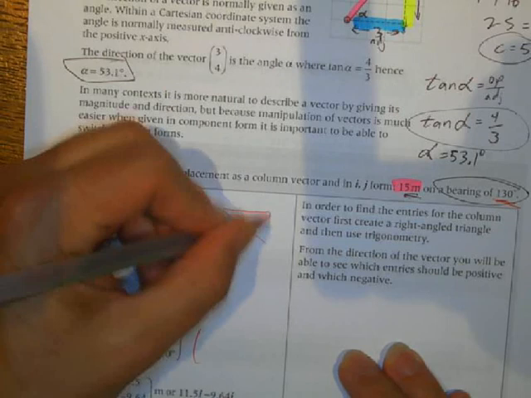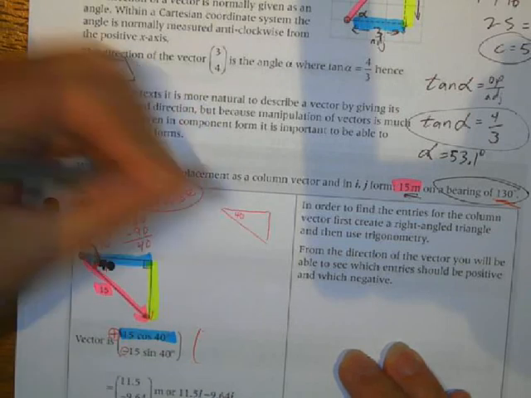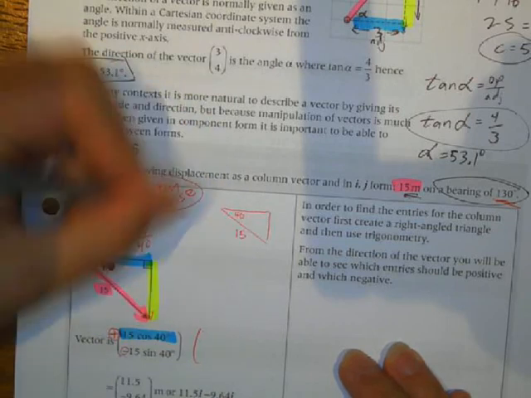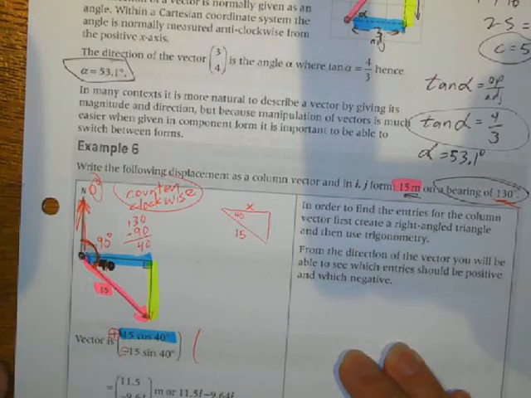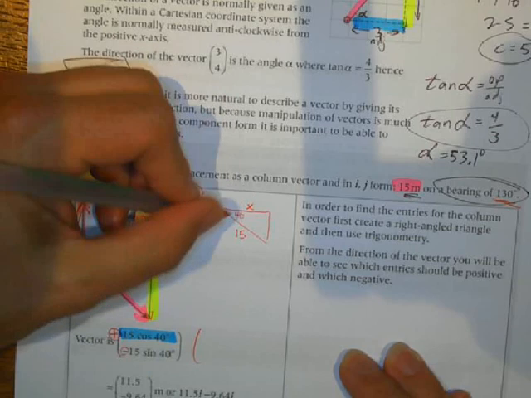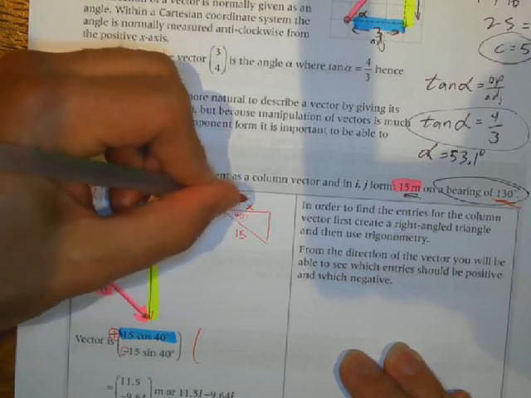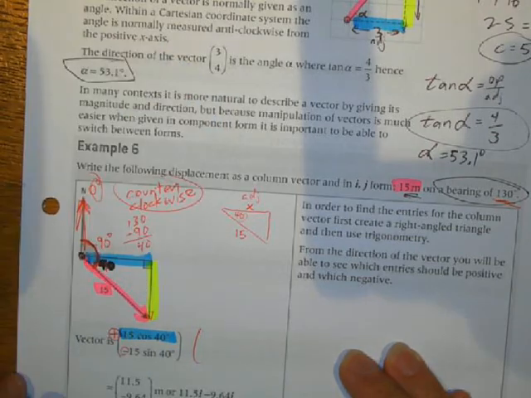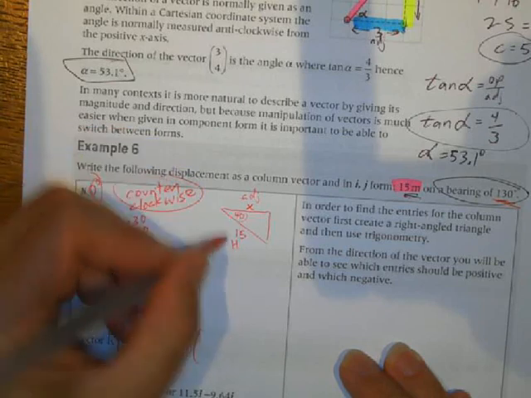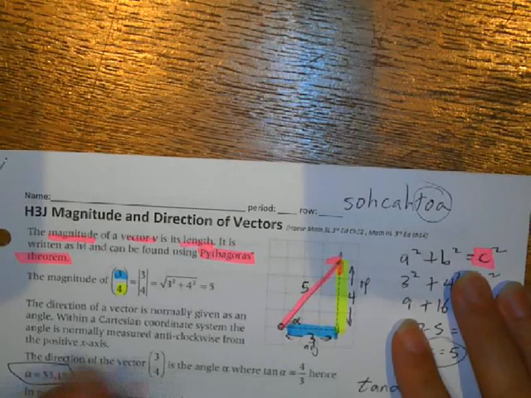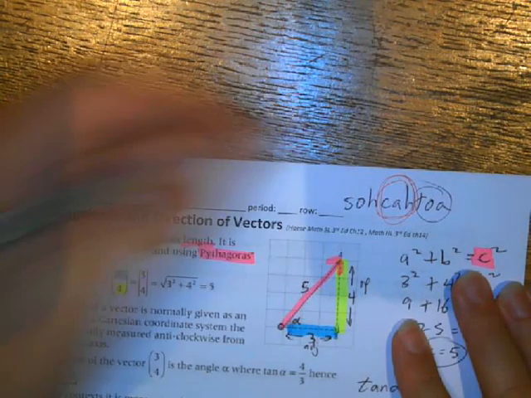Okay, if this is 40 and this is 15, and I want to find, this is the x direction, right? Let's just call it x, right? So according to this angle, that is adjacent, right? Here we have the hypotenuse. So if I've got adjacent and hypotenuse, I'm going to look up here and I'm going to use cosine.